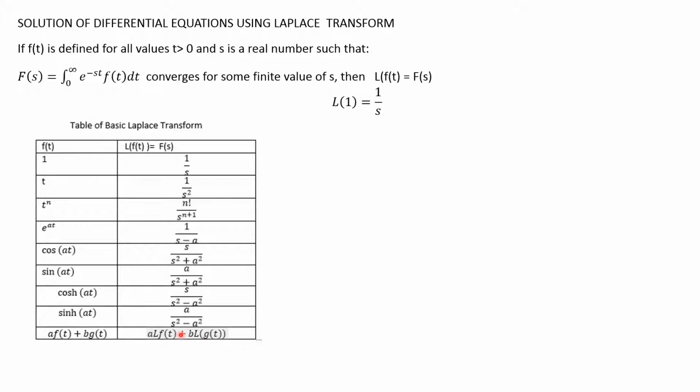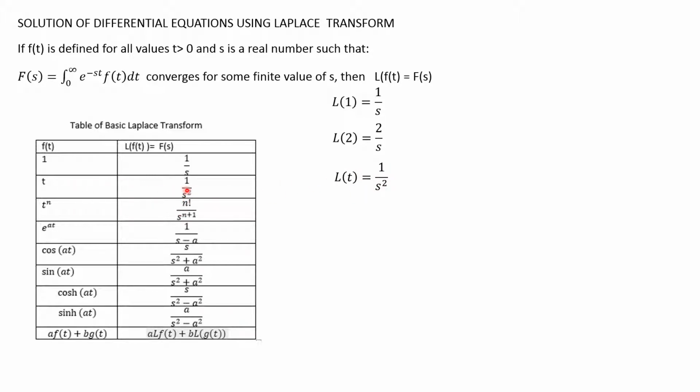Let's have some examples. The Laplace transform of 1 is 1 over s. It's here. The Laplace transform of 2 is 2 over s. Obviously, 2 is just 2 times 1. So therefore, the Laplace transform of 2 is 2 over s. The Laplace transform of t is 1 over s squared.